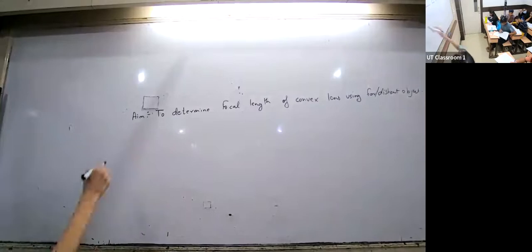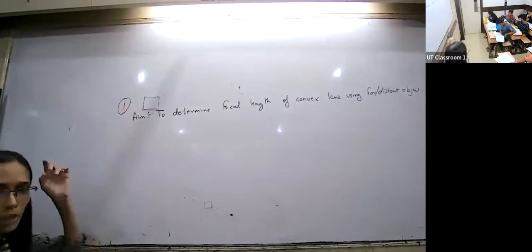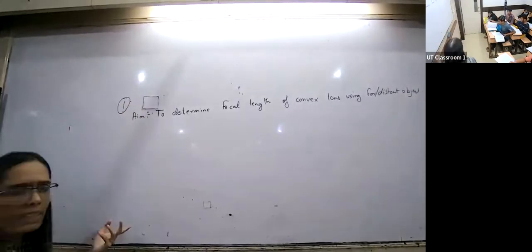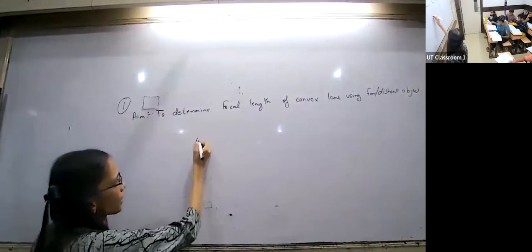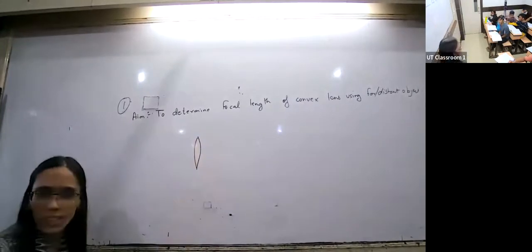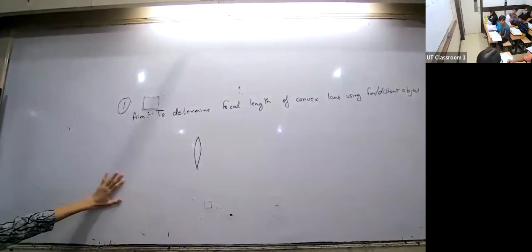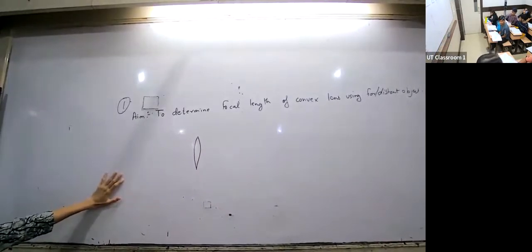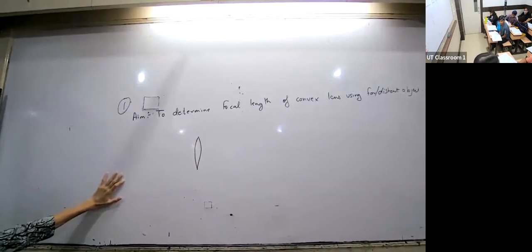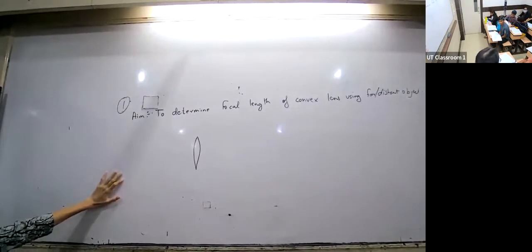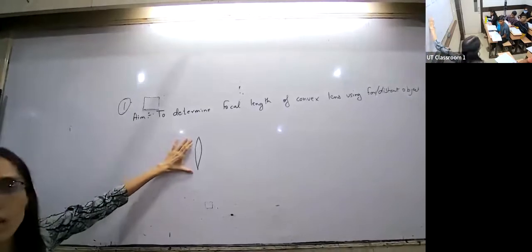The first experiment, what is the purpose of our experiment? We will be given one lens, and what kind of lens is it? It is convex lens. Okay, and you will be given this lens and you will be asked to find its focal length. आपको क्या करना है? Experiment करके इसका focal length ढूंढना है. ठीक है? How will you find focal length of this image?